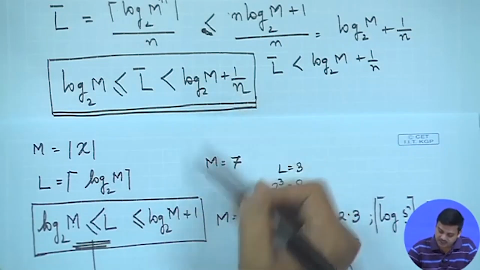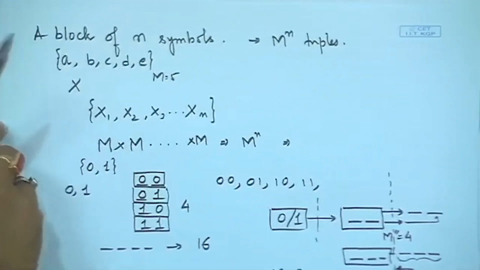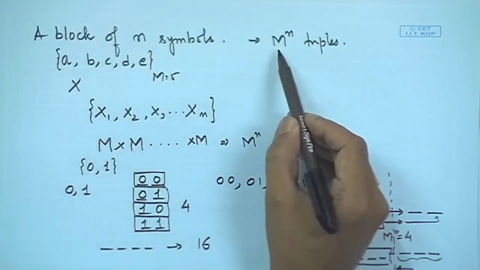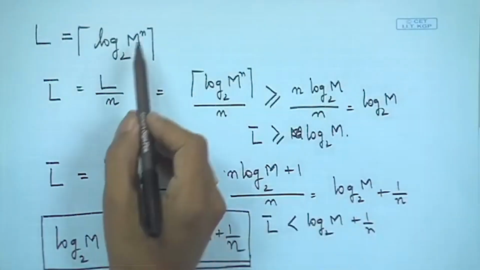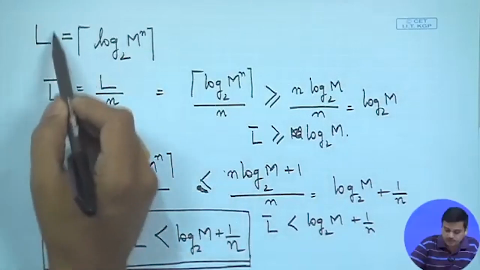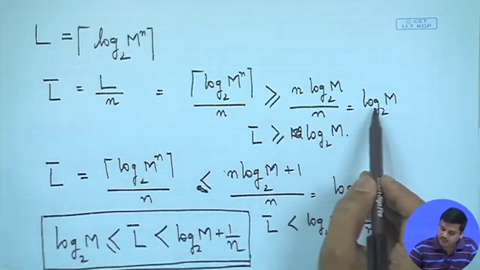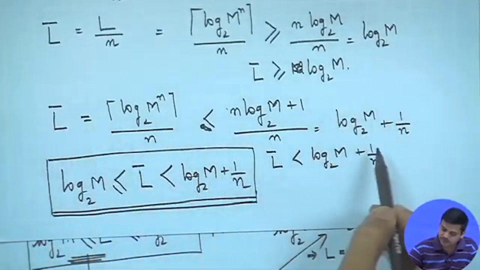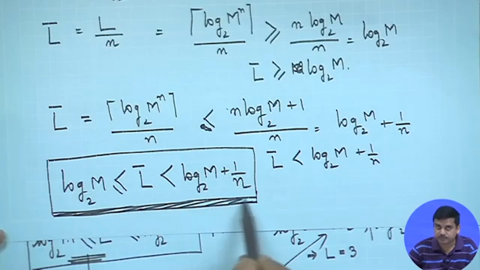Now, this change has happened because we have taken a group of n symbols. If you recall this, we have taken a block of n symbols. Because we have taken a block of n symbols, there are m to the power of n tuples that are possible. So, as there are m to the power of n tuples that are possible, this is the number of bits that would be required, and we have shown here that this L bar is greater than log base 2 of m, and we have also shown this is less than this particular number, and therefore able to establish this particular relationship.